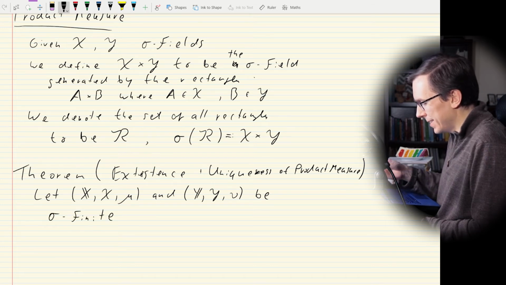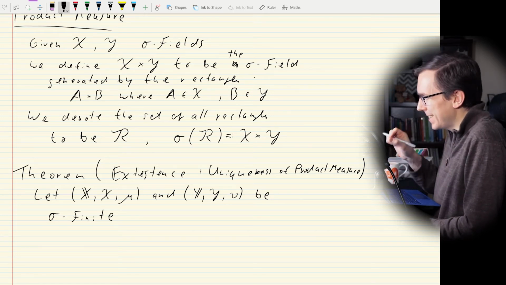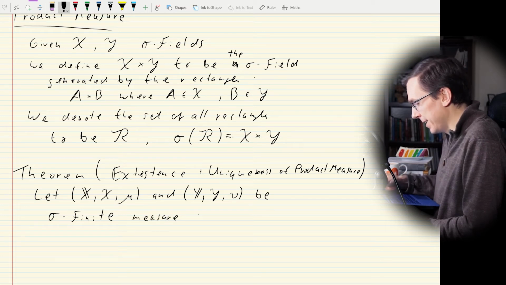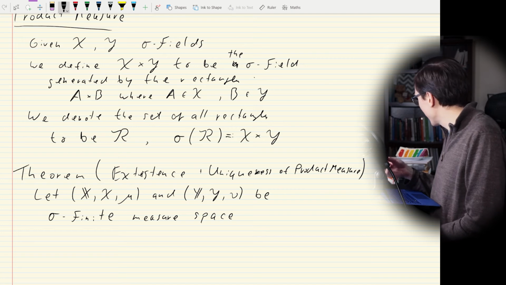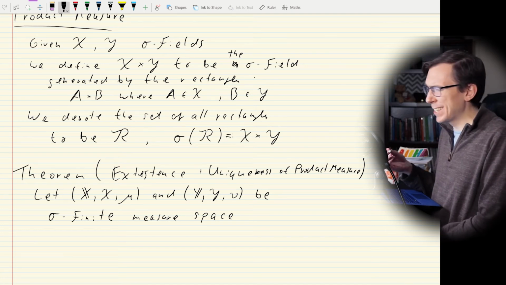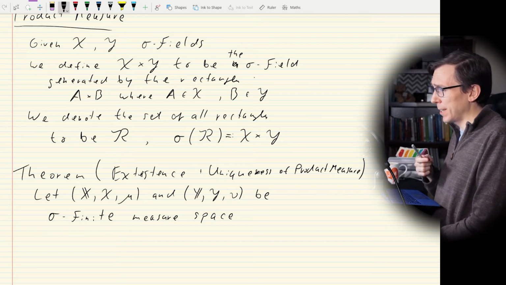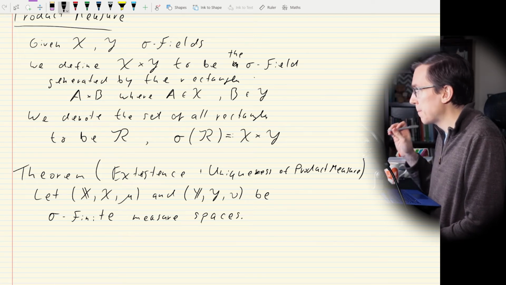Always gotta watch all these things in the theorems. We need the sigma finiteness for this extension to be unique. Otherwise, you can get some weird stuff. I think Dudley's book has some examples of what happens if you don't have sigma finiteness. Maybe we can look it up later. But these are going to be two sigma finite measure spaces.